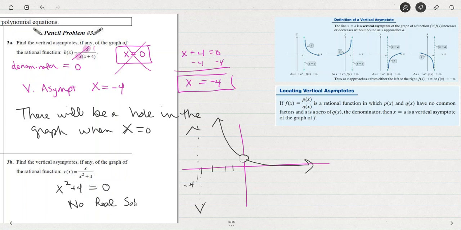There's only imaginary solutions because the x squared plus 4 doesn't factor, or if I did the square root property, I'm going to subtract 4 from both sides and then take the square root of both sides, so that x equals, the square root of 4 is 2, so 2i, or the opposite of that would be negative 2i. But those are imaginary. We don't get an asymptote for those values that are imaginary.